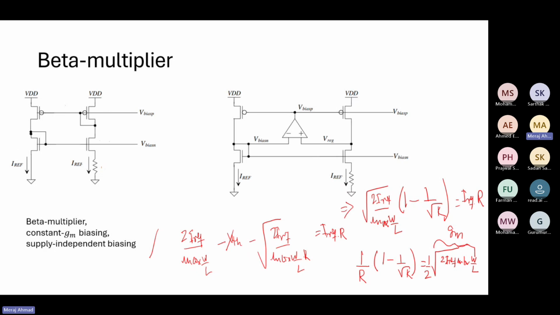Root of 2 ID mu n Cox W by L. And if you put K equal to 4, what will happen? So this will simplify to, if you make K equal to 4, then gm will be how much? 1 by R. Have you seen this beta multiplier somewhere?